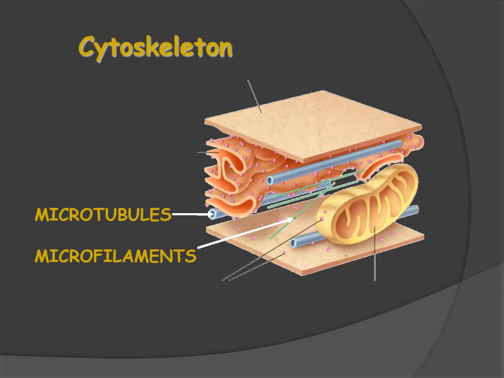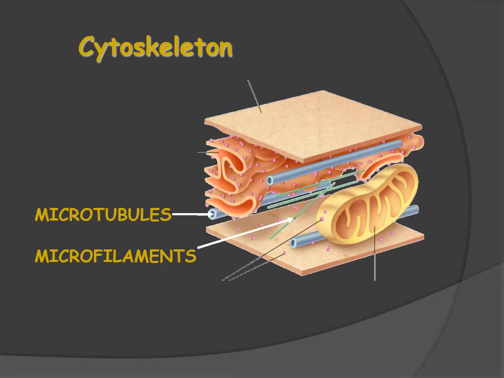Cytoskeleton, like the name suggests, cyto means cell, skeleton, you know what the skeleton is of the human body, and it's really important. It has some significant functions. Number one, it maintains the shape of the cell. That makes sense. It also moves organelles, kind of like the bones aid in the movement of humans. It's made of protein. And there's two types.